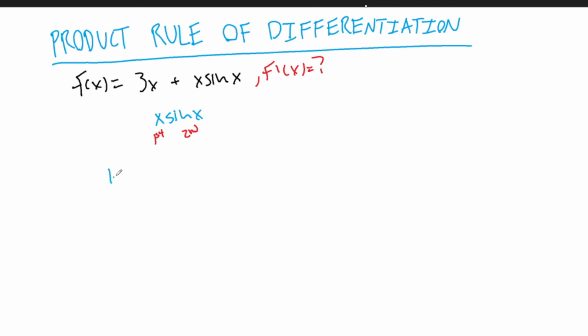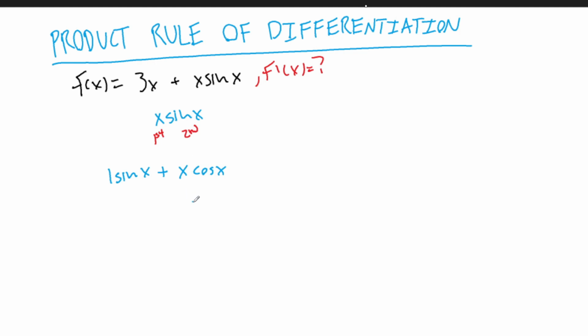Derivative of x is just 1. And then multiply it by the second as it is. So we have 1 sine x, and then we're adding that to the first as it is, so just x, and multiplying it by the derivative of the second. So the derivative of sine x is cosine x.